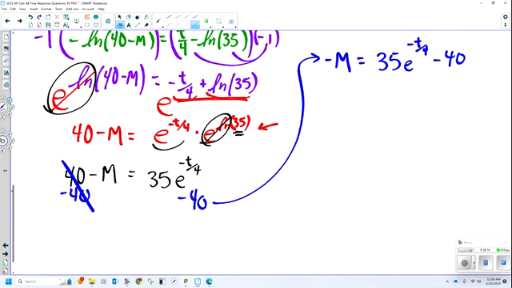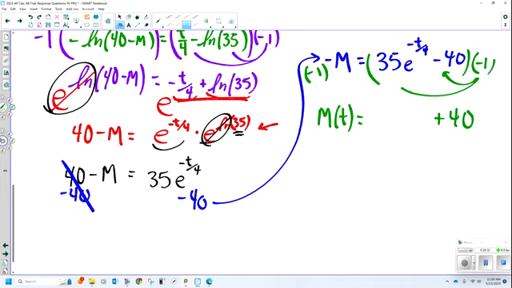If I multiply this times -1, I got to multiply this whole side by -1. So now I have m, or in this case, m of t, equals, okay, this becomes a plus 40. I just negate that, negative 35 e to the negative t over 4.